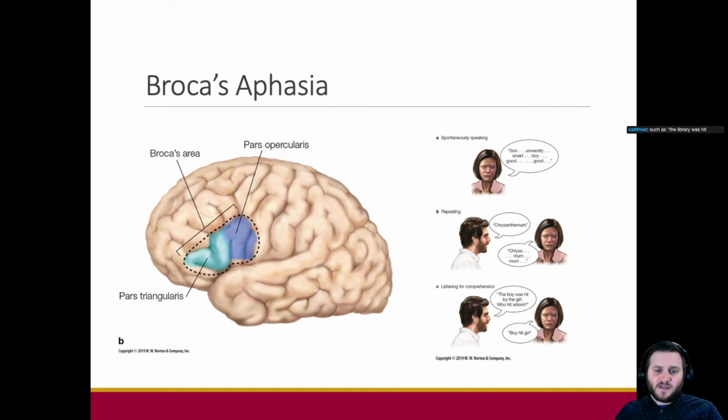With Broca's aphasia, you might have the situation where if you say a backward sentence, the boy was hit by the girl, who hit whom, the patient might reply with something like, boy hit girl. But of course, that's reading the sentence left to right, front to back.